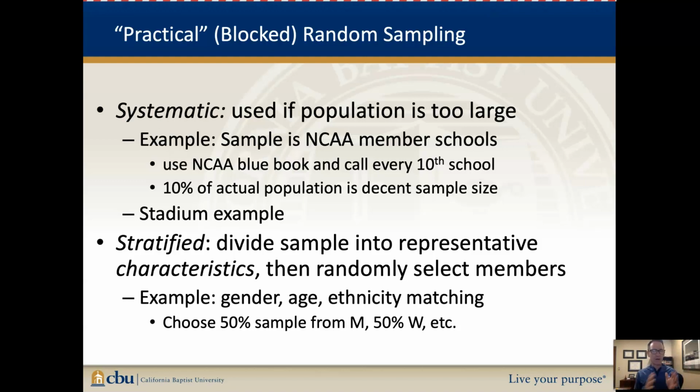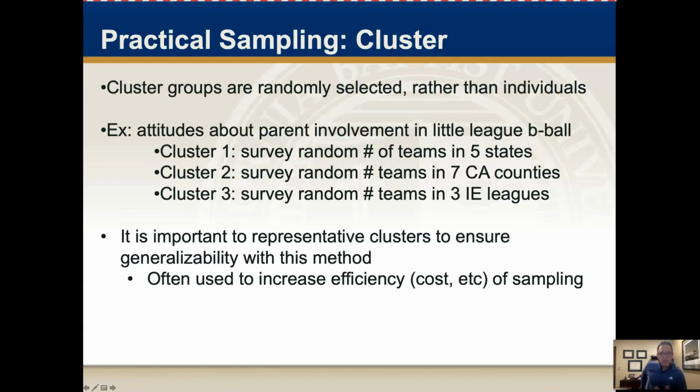You stratify according to a characteristic that you think is represented in the population, especially if you're looking at gender as one of your primary variables, and you make sure that your sample accurately represents the population that you want to speak into and say something about. Okay, and there are other ways to engage in practical random sampling as well.